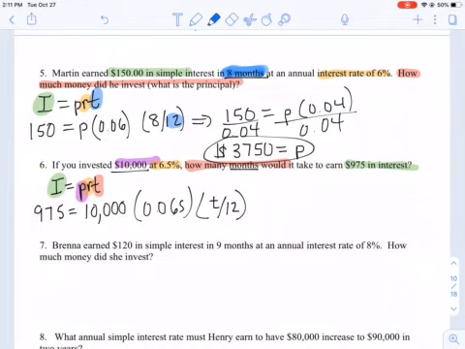So, again, I'm going to kind of move it over here to solve. So we get 975 equals 10,000 times 0.065, so 650. And then t divided by 12. So we're going to divide by 650.